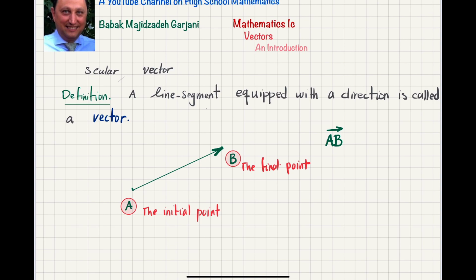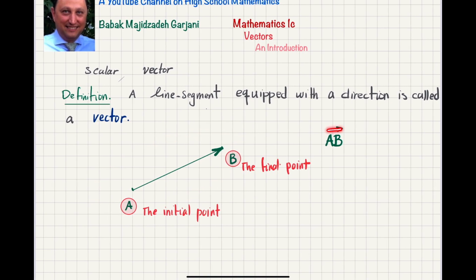And it is extremely important to write A first and B second. When you are dealing with a line segment, it doesn't matter if I call it line segment AB or line segment BA. Both of them, by convention, refer to the same line segment. But when I am dealing with vectors, it's extremely important.